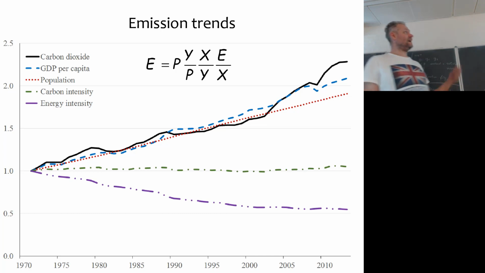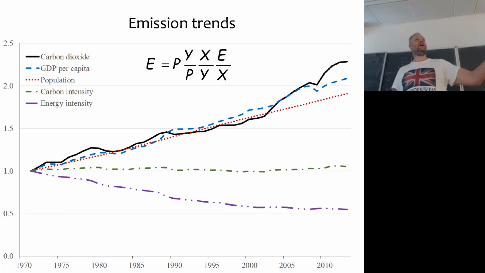The Kaya identity actually helps you to decompose this particular trend. The first thing that you want to do is look at the population. That's the dotted red line, and what you see is that the number of people has roughly doubled over the same period, slightly less. CO2 has slightly more than doubled, population slightly less than doubled. So you immediately learn that CO2 per capita has gone up, but only by a little bit, right?